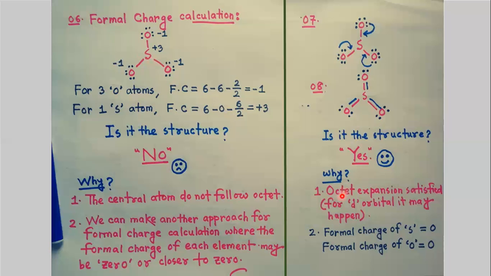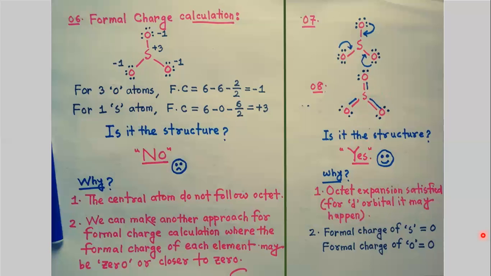So why is this the structure of sulfur trioxide? It follows the octet expansion rule, or octet expansion is satisfied here. So why does octet expansion occur here? As sulfur has 3d orbitals, and we know for d orbitals octet expansion may occur, so it will follow octet expansion.